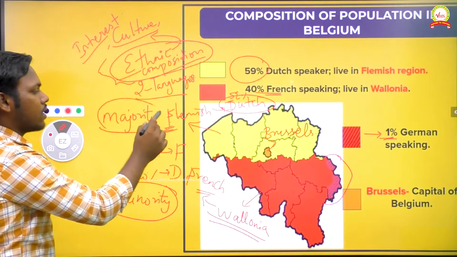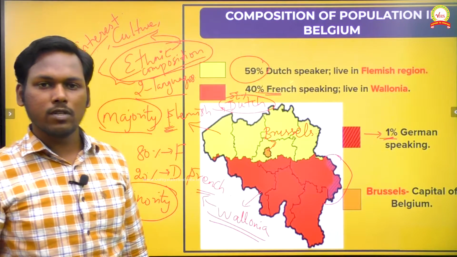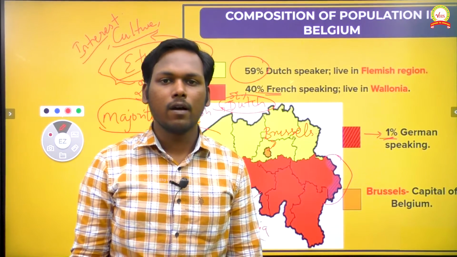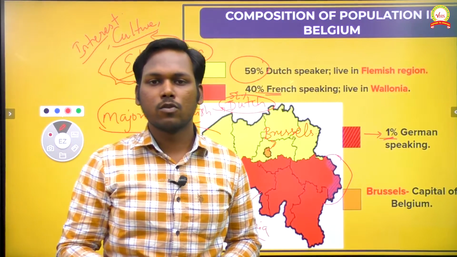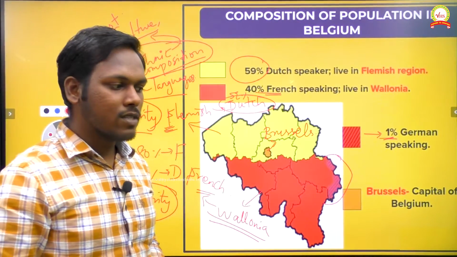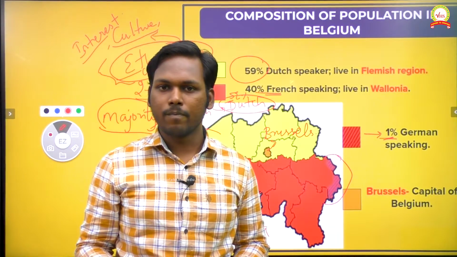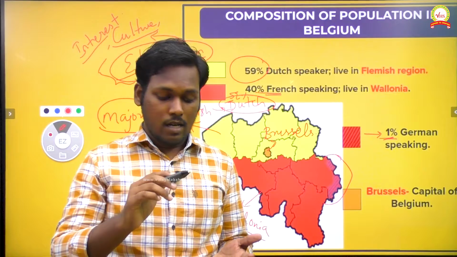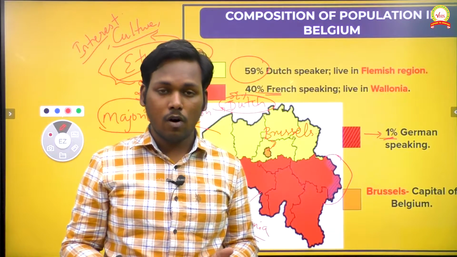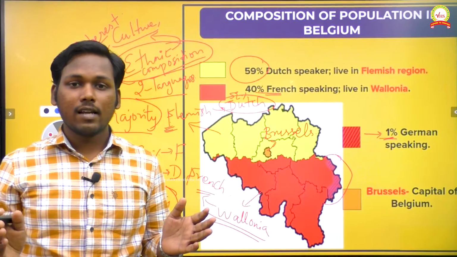For example, in India, India is known as a Hindu populated country, so the majority people are Hindus. What about people of other religions? Christians, Jains, Sikhs, all those people are said to be minority.